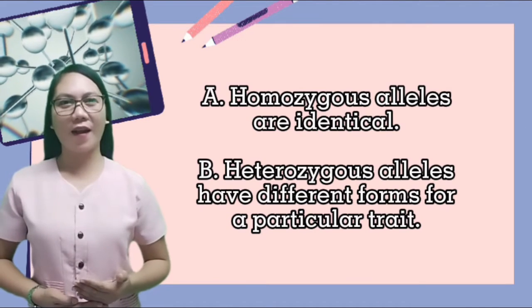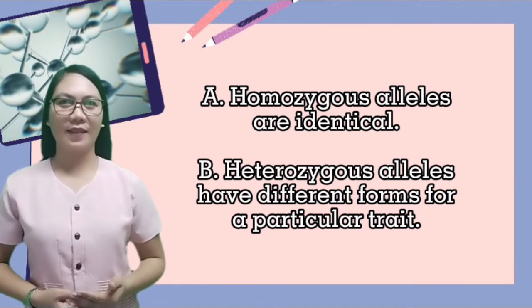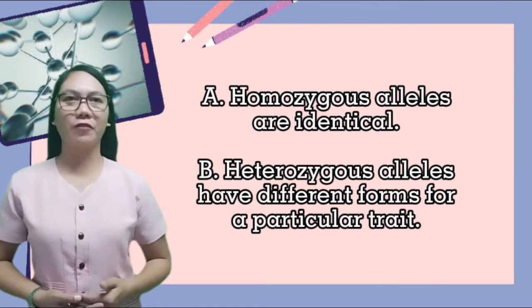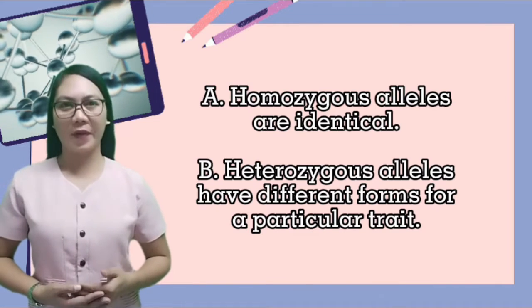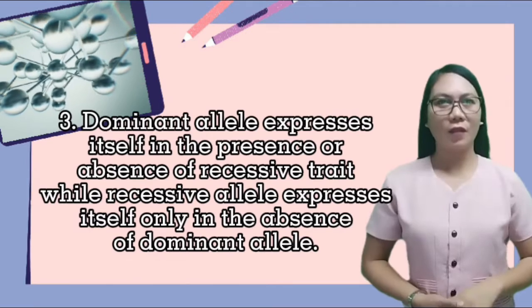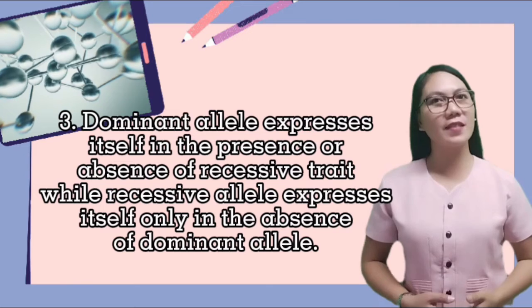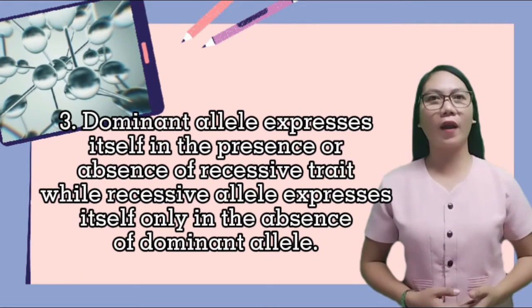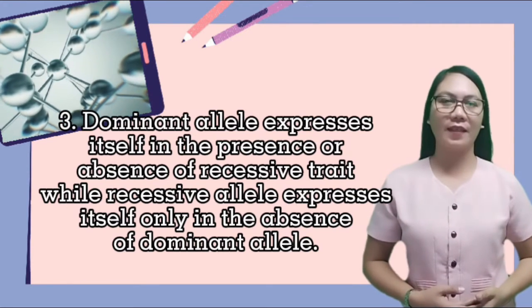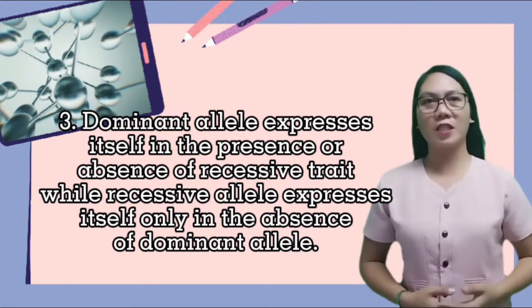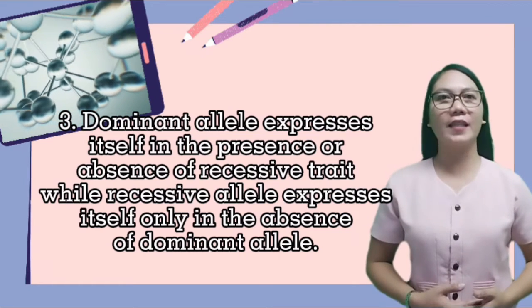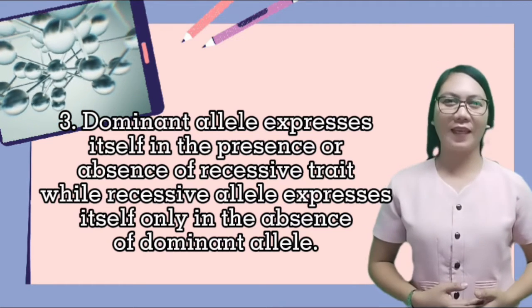Homozygous alleles are identical. Heterozygous alleles have different forms for a particular trait. Dominant allele expresses itself in the presence or absence of recessive trait, while recessive allele expresses itself only in the absence of dominant allele.